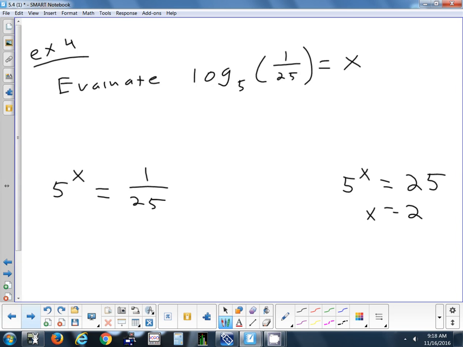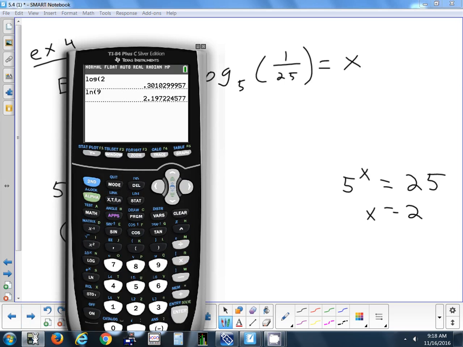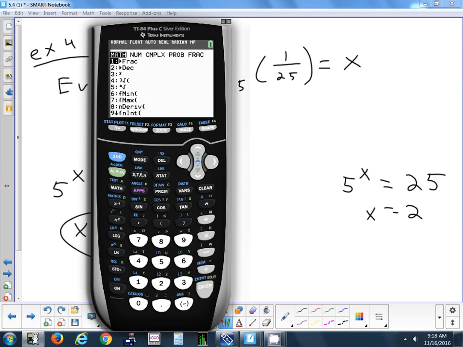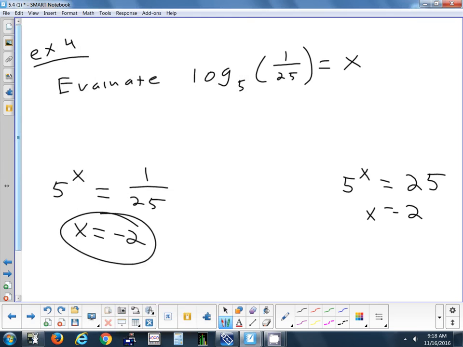So what kind of numbers do you put in the exponent to cause it to flip? Negative. So now in this case, x would equal negative 2. Anytime you want it to be 1 over, you want it to flip, just make the exponent a negative. You can check that on the calculator. If you try 5 to the negative 2, you get 0.04, and then just hit math, convert to fraction, and it tells you it's 1/25, which is what you wanted.